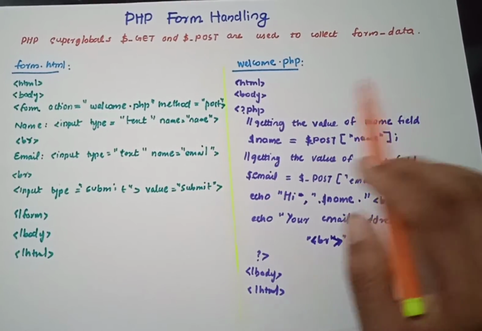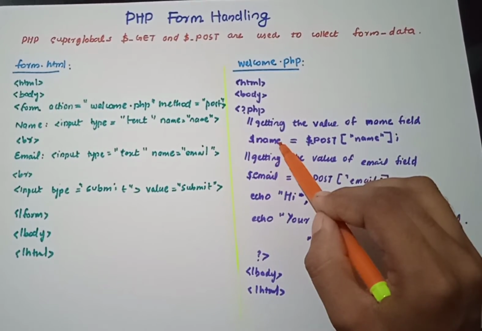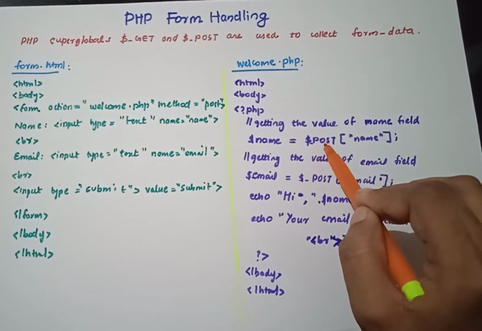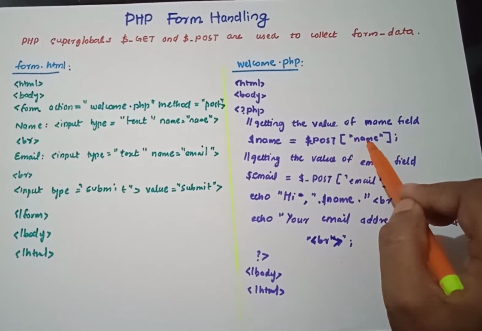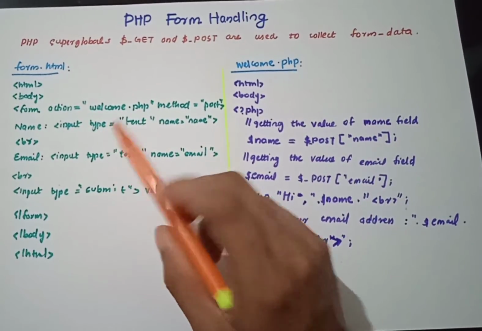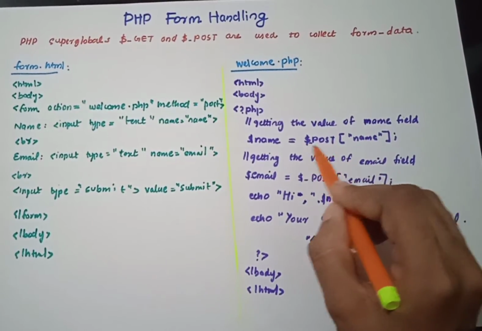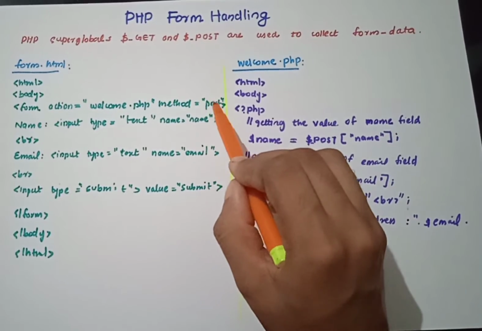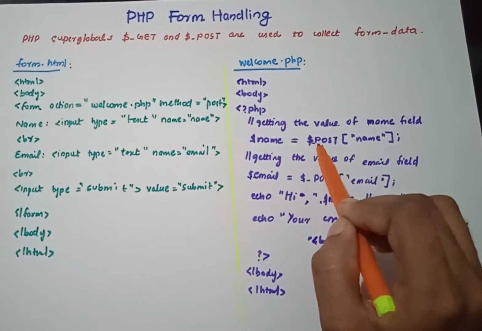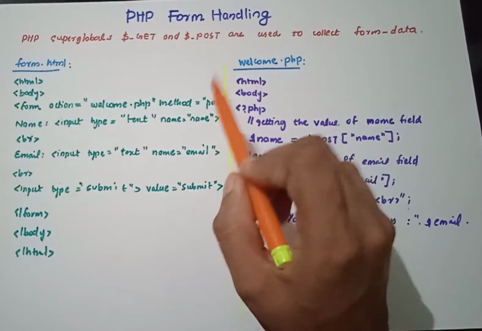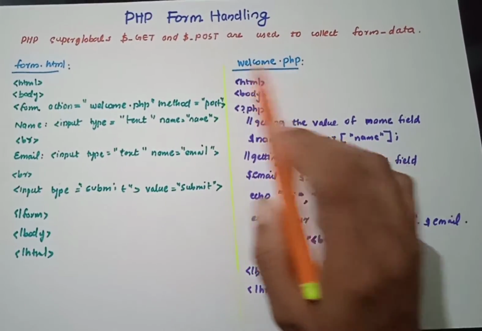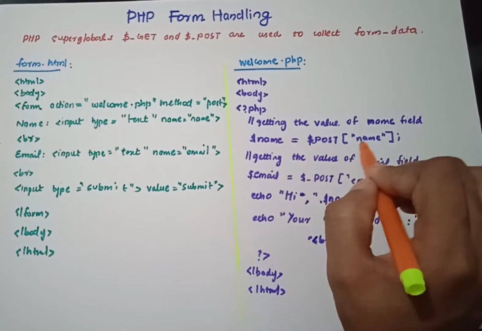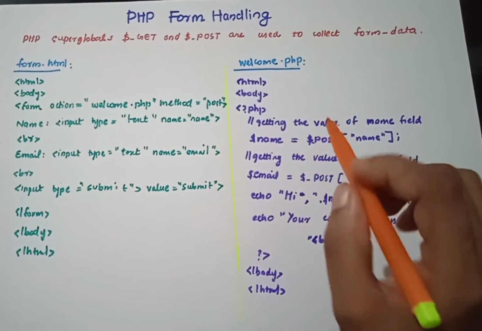That means into this new name variable, you are getting the value of the name field on this form using the POST method. If we are using POST here, you should get it using POST itself. Or if you are using GET here, you have to write the same in order to transfer the values properly to the same field. Otherwise it won't work.